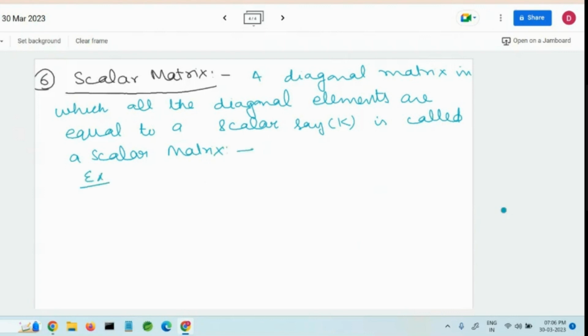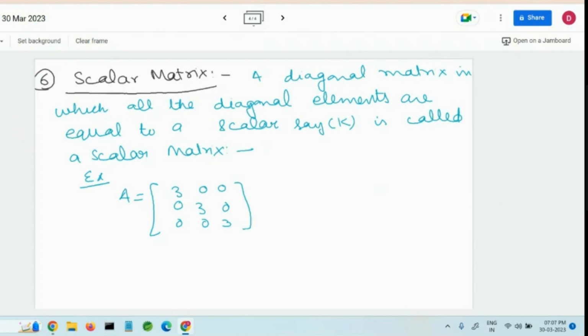Example of the scalar matrix is if A is equal to 3, 3, 3 on the diagonal and the non-diagonal elements are 0. So here the diagonal is A11, A22 and A33. The value of its diagonal is 3. So we can say this type of matrix is called the scalar matrix.